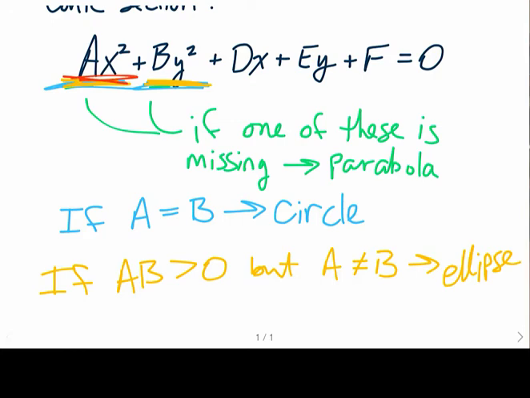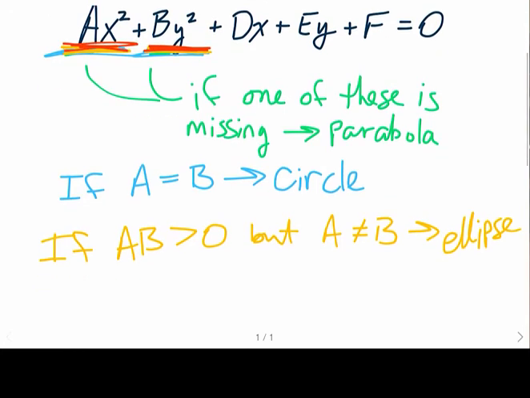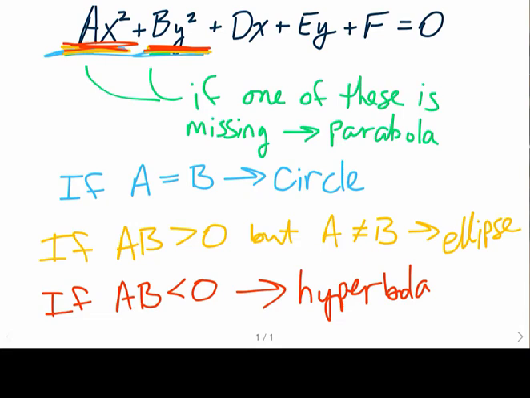And then finally, if a and b, the coefficients of the x squared and y squared terms, are of opposite sign, when I multiply them together, they'll be negative. Again, we're not going to be multiplying them together. It's just an easy way to say if they have opposite signs. Then you have a hyperbola. Now, weird things can happen, but I'll let you know how to look for that as well.